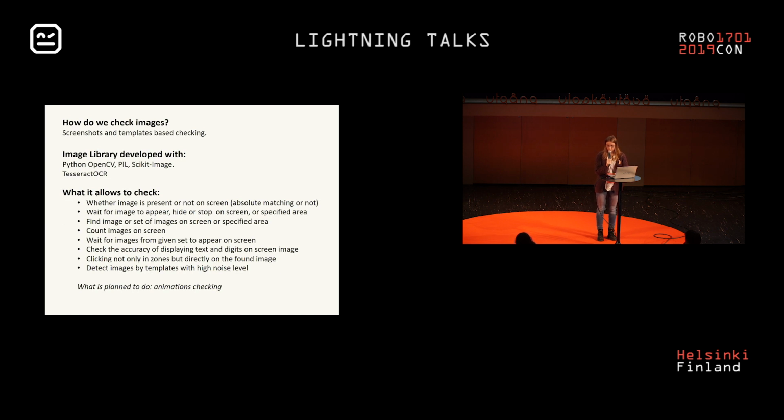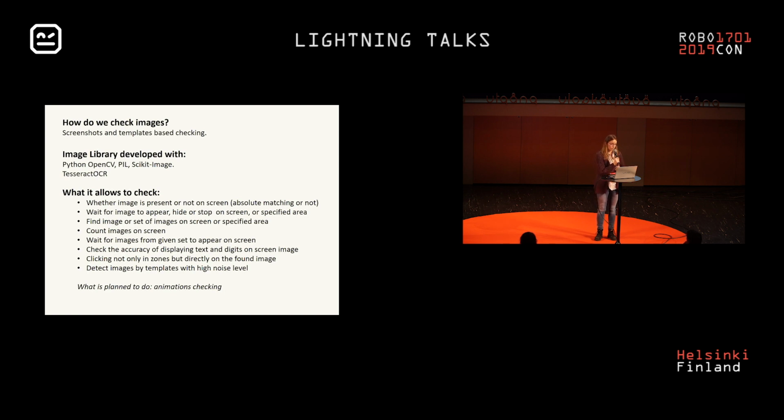Also, when it's hard or not so important to click on the templates on the image, we can click on zones. And the last thing implemented: we can detect images by templates with the highest noise level.